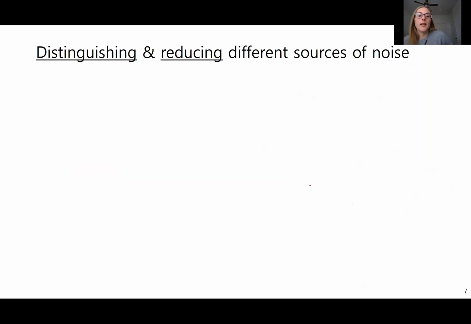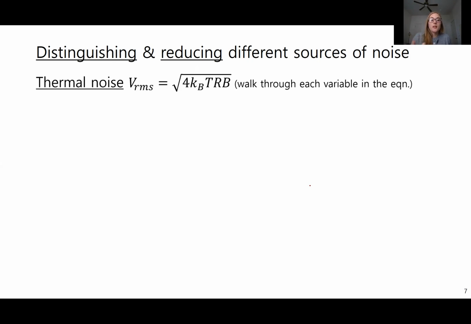This is getting at Noah's points yesterday of reducing noises and also distinguishing. If you're doing a measurement and you find that your signal is quite noisy, which type of noise is contributing to your measurement? How can you distinguish what you should be trying to reduce? The way to do this is to take a look at the equations.